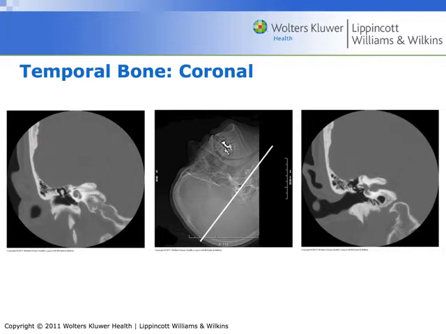Looking at this image here, again, the internal auditory canal. This little line here that kind of has a curve to it is the superior semicircular canal.